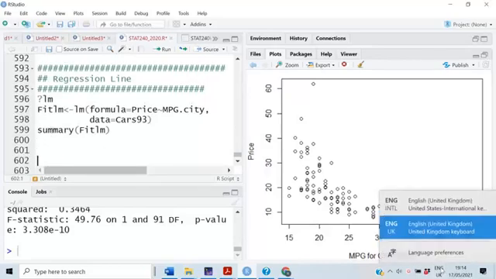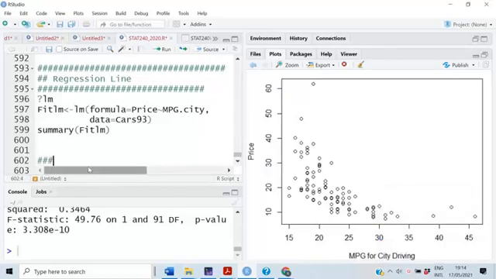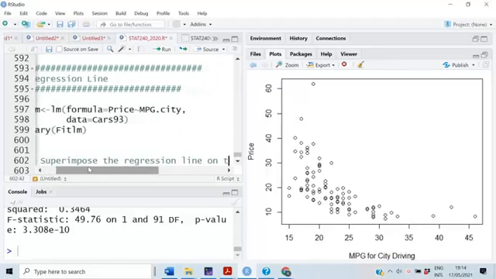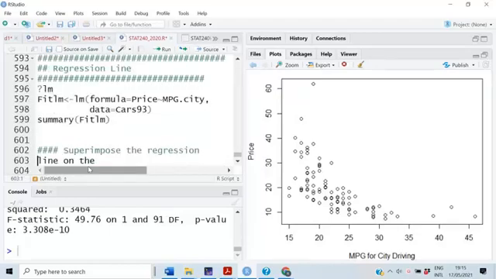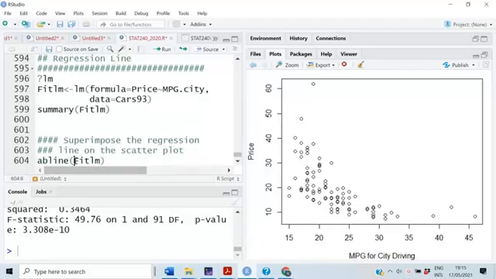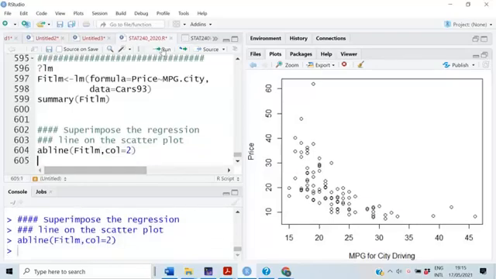Let me say: superimpose your regression line on the scatter plot. To do that, I just do abline. Of course, I can color this to, let's say, 2, which is red, so that the line shows nicely. So this is our fitted regression line.